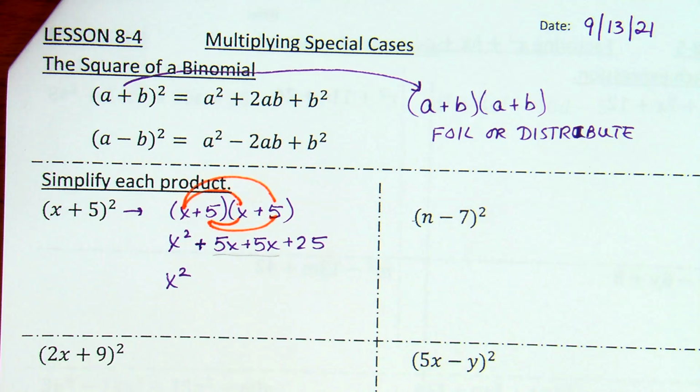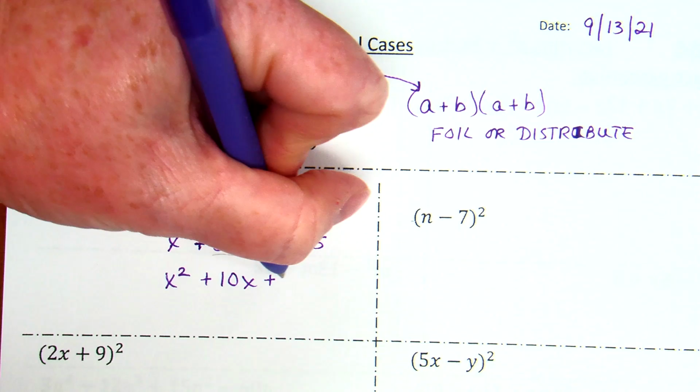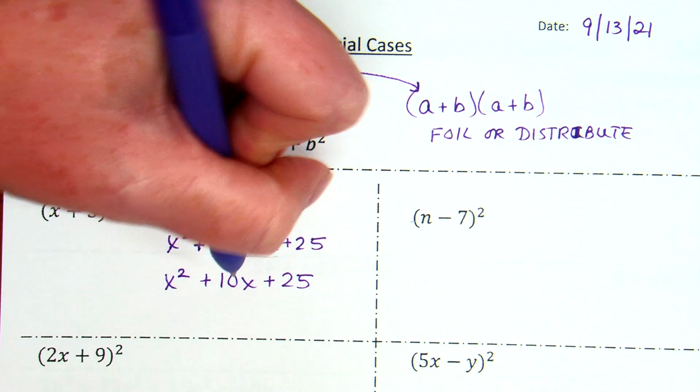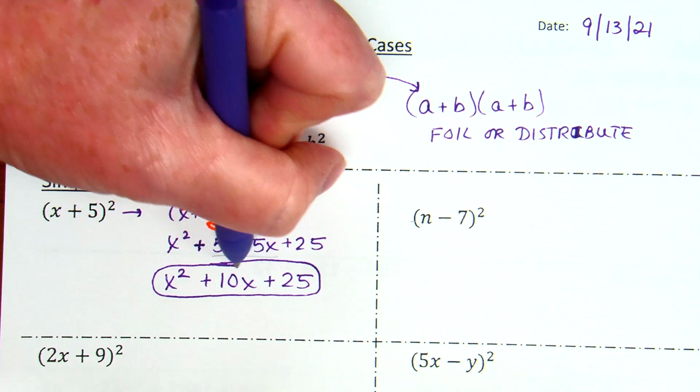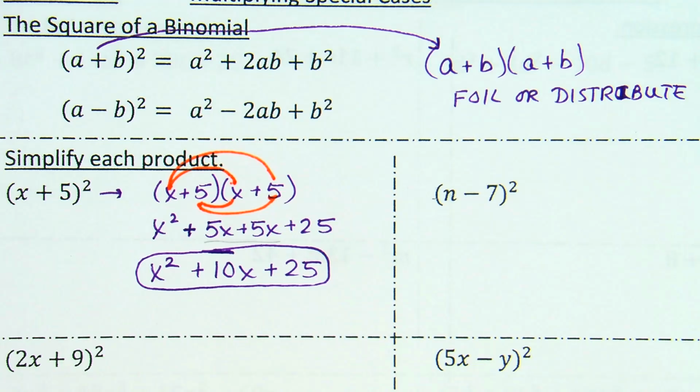If it's 5 x's plus 5 x's, that's just 10x's. And then don't forget to drop down your plus 25. Okay, so traditional multiplication there. You're going to have your x squared term first, your number term last, and then figuring out what your middle terms are. Does that sound a little familiar?